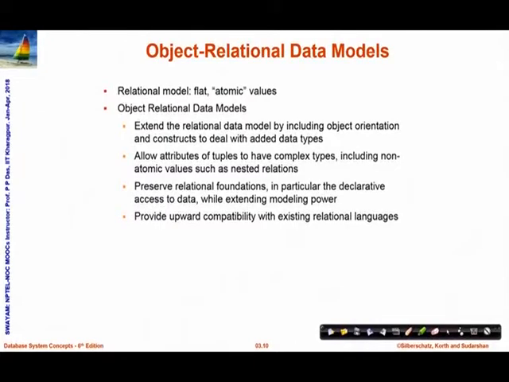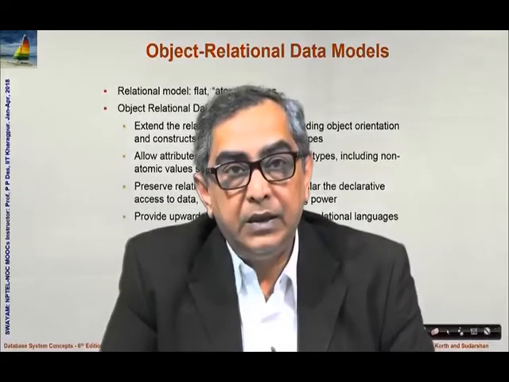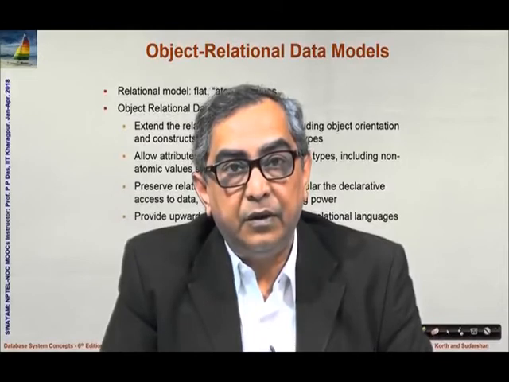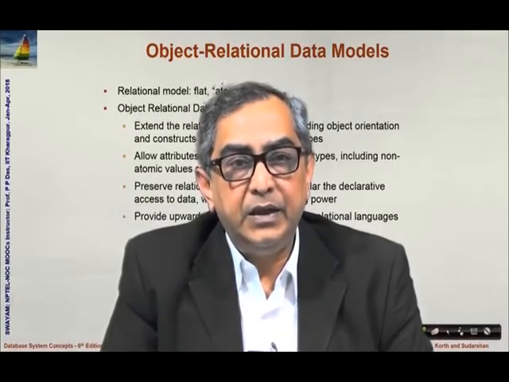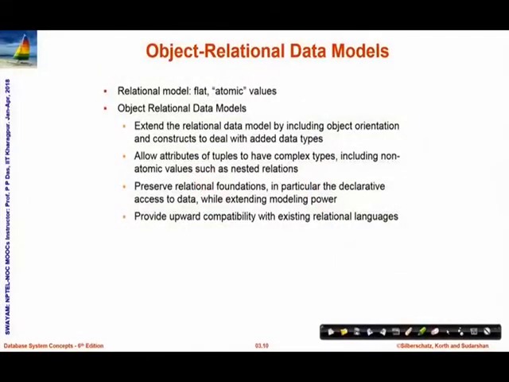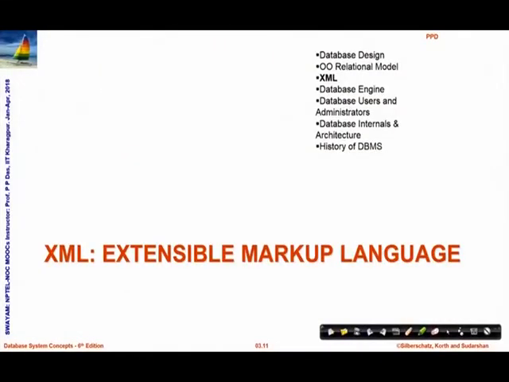But we try to preserve the relational foundation, and we will see what those foundations mean, and provide upward compatibility to existing relational databases. So, this is the basic concept of object relational data models, and as I said, we will just glimpse through it, but this is not the primary objective that we will try to cover.